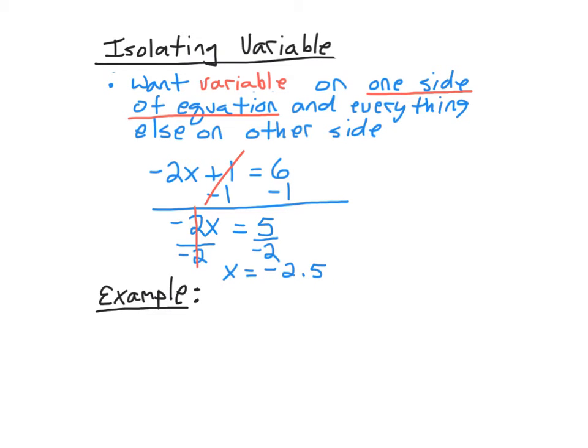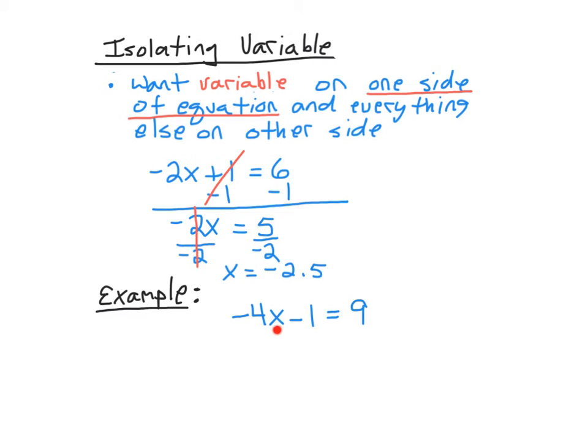All right, let me do one more example, show you that. So let's say I have negative 4x minus 1 equals 9. Okay, well, I'm going to move the negative 1 and the negative 4 to the other side.